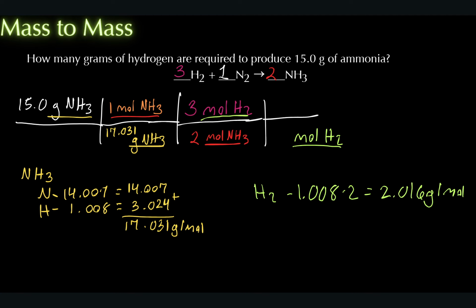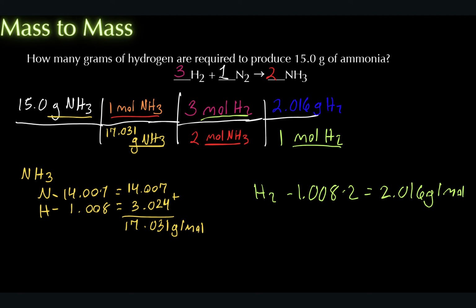Remembering that grams per mole means it is equal to 1 mole, we're going to have our 1 mole of H2 on the bottom with our number on top, so that will be our 2.016 grams of our H2.